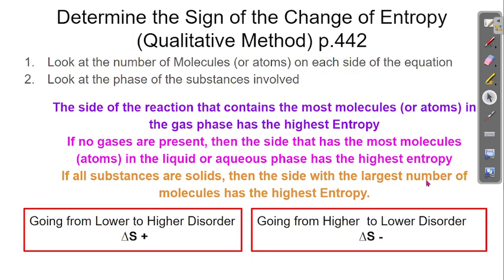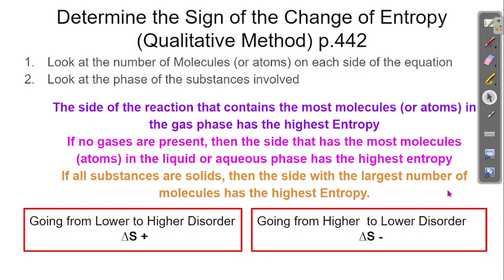So here are the rules. The side of the reaction that contains the most molecules or atoms in the gas phase has the highest entropy. That's the one that's going to have more disorder. If no gases are present, then the side that has the most molecules or atoms in the liquid or aqueous, meaning in water, phase has the highest entropy.